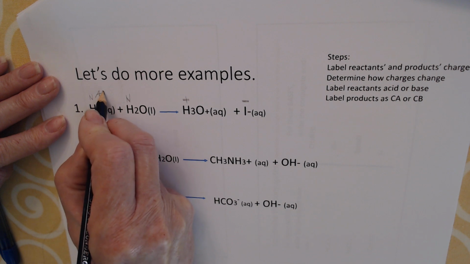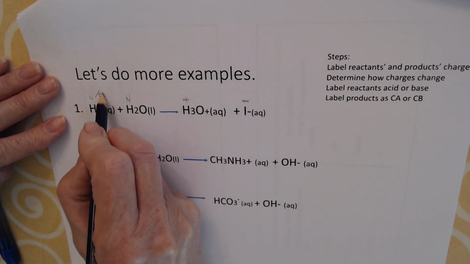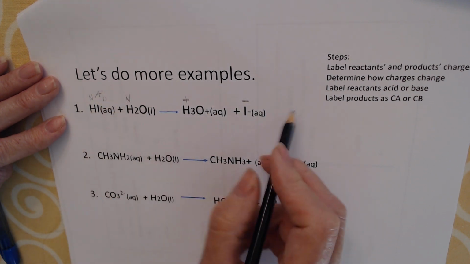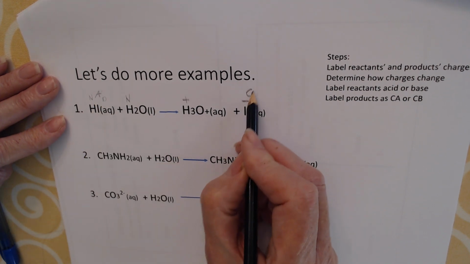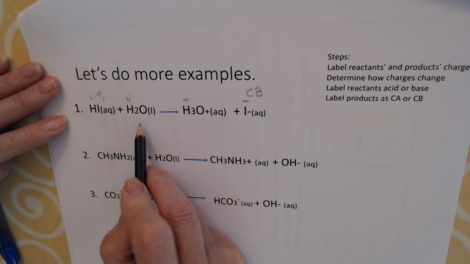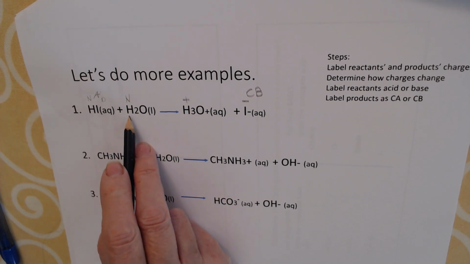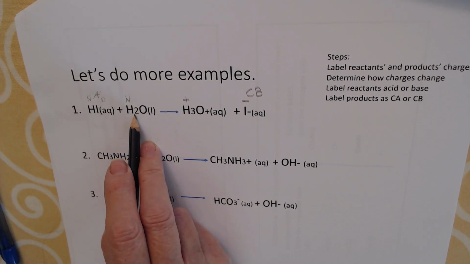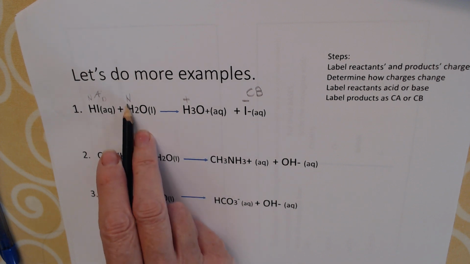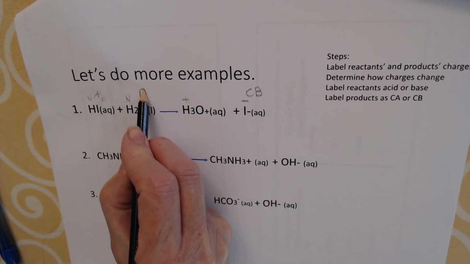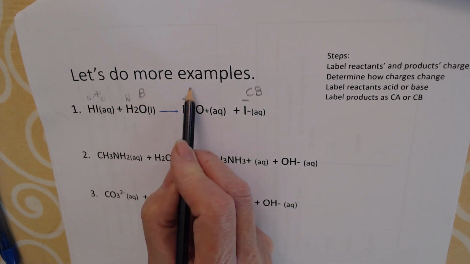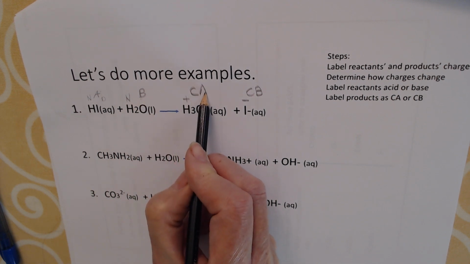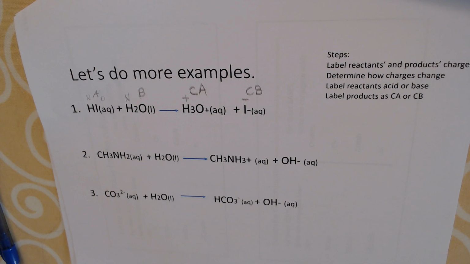So this is my acid donating. Okay? And anything that is an acid here becomes a conjugate base. All right? Then over here, this must be my base that is accepting. And sure enough, look at that. It goes from neutral to positive. So here's my base. And so a base over here becomes the conjugate acid over here. So there we have that.